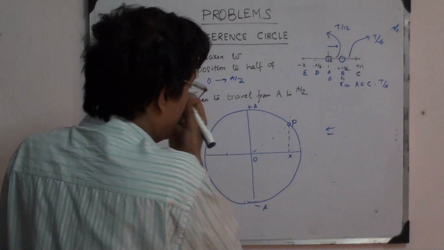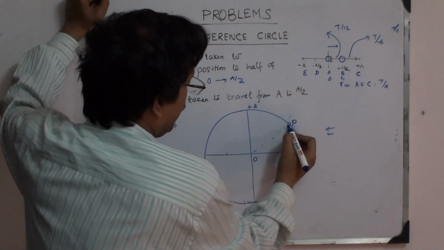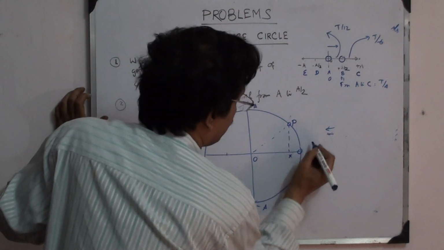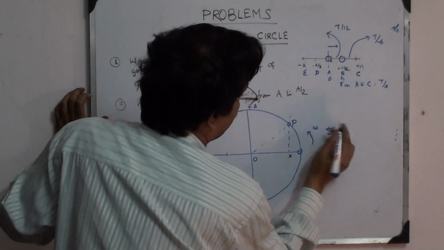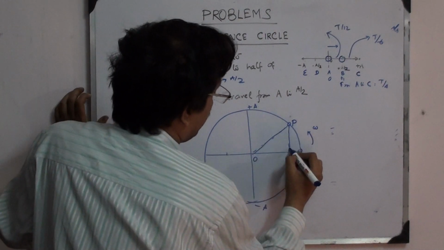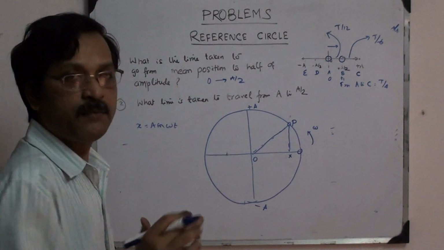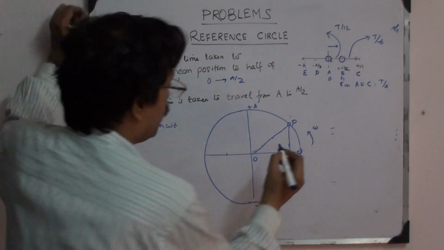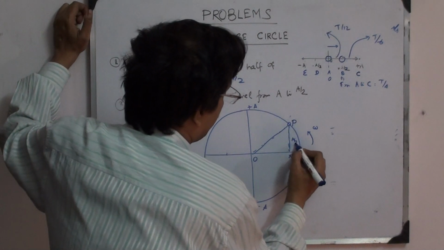So now we know that the particle has to reach A by 2 from the mean position. Our mean position is here. It is going like this with omega. At a certain time, the displacement is A by 2. So the displacement Px is A by 2.